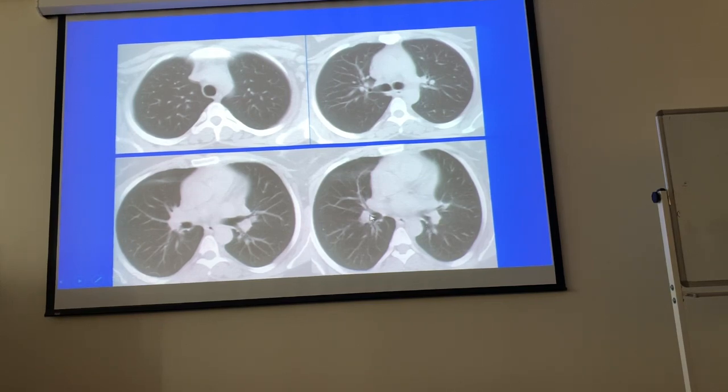Here you see the middle lobe division. It looks like this one, but here you have the heart, and here you have two bronchi. So this is upper lobe. And here it looks like upper lobe, but you are not at the same level. You are at the level of the heart, so this is the middle lobe. This is how the anatomy is.